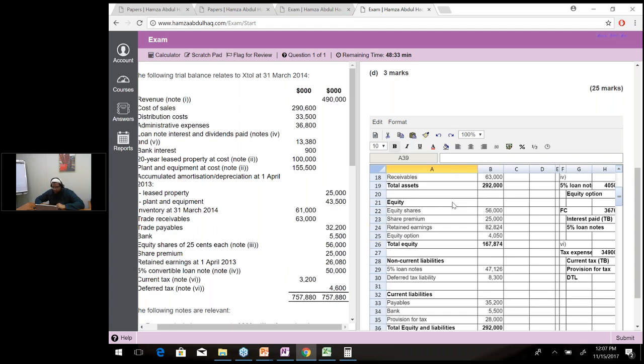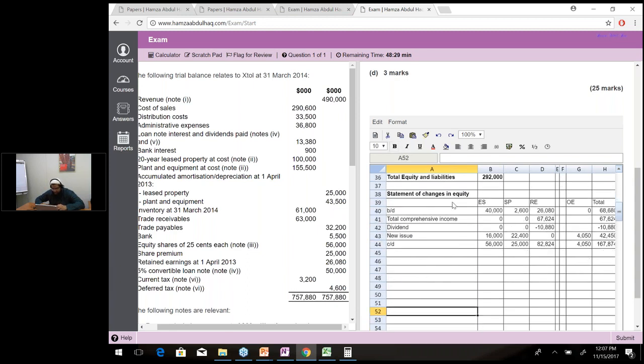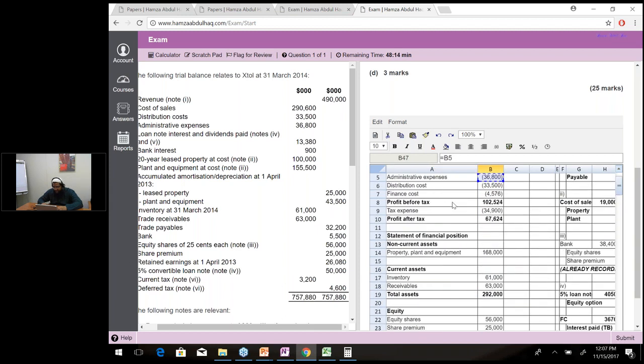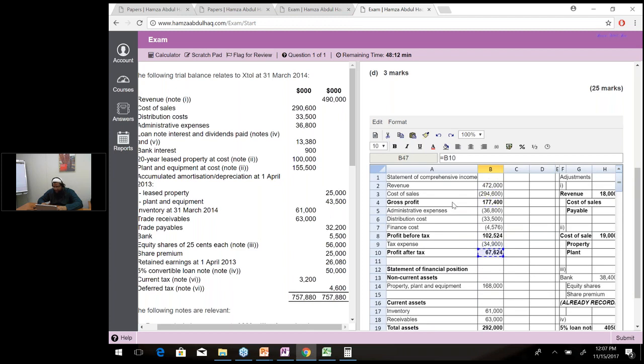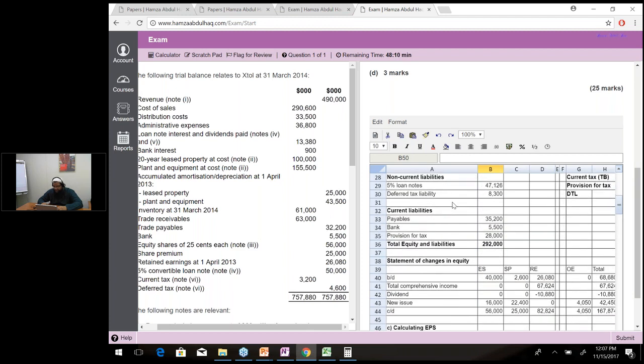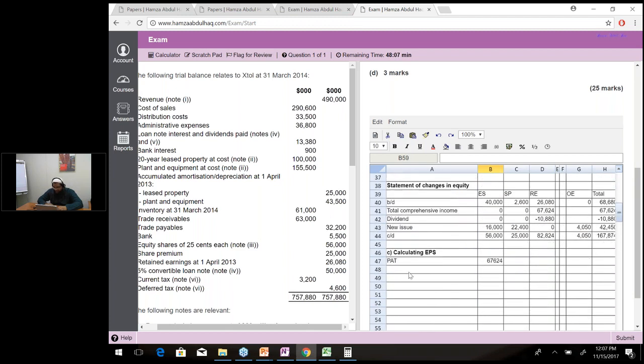Okay, now there was one more requirement in this question, which was to calculate the EPS. When we are calculating EPS, we need profit after tax, which we already have in the income statement. It is 67624. And then we need the weighted average number of shares. How do we calculate it?